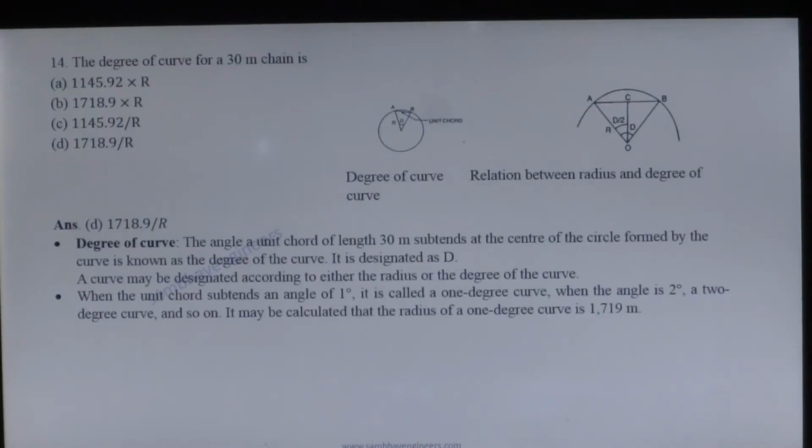Next question. The degree of curve for a 30 meter chain is the angle subtended at the center of the circle by a unit chord of length 30 meter.